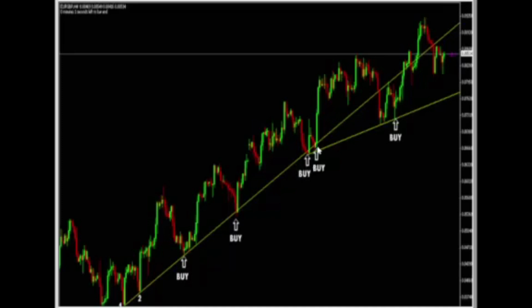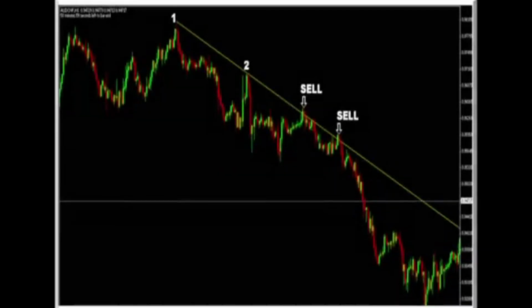And now you notice how the market over here reacted with the price, and the price obeyed this trend line below and made a downward movement.